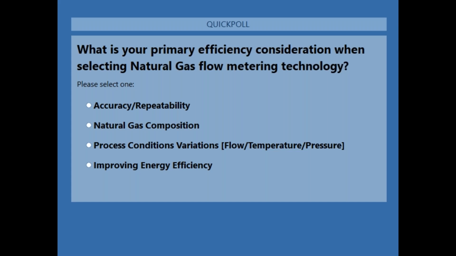Please select one of the following: accuracy and repeatability, natural gas composition, process conditions variations such as flow, temperature, and pressure, or improving energy efficiency. So I'll give you about 10 to 20 seconds to go ahead and enter your selection.